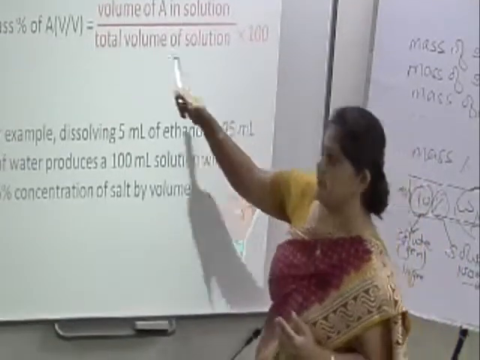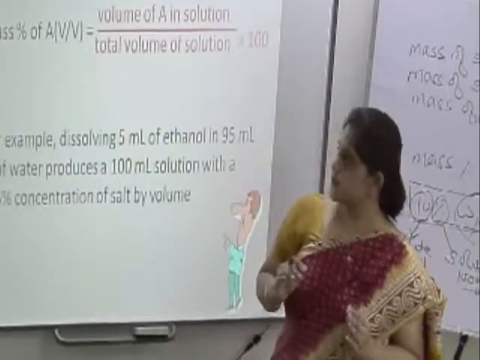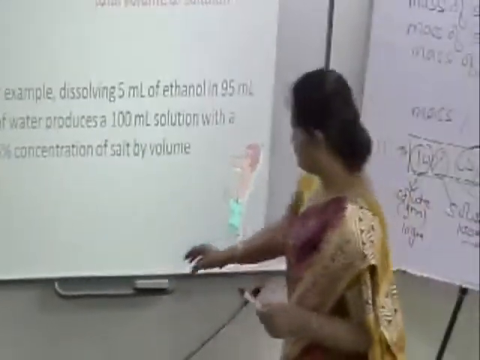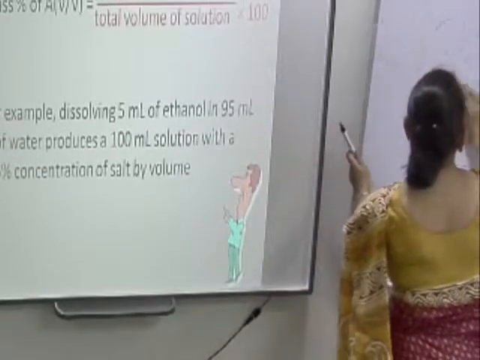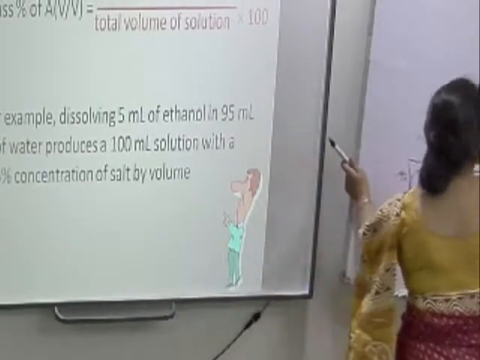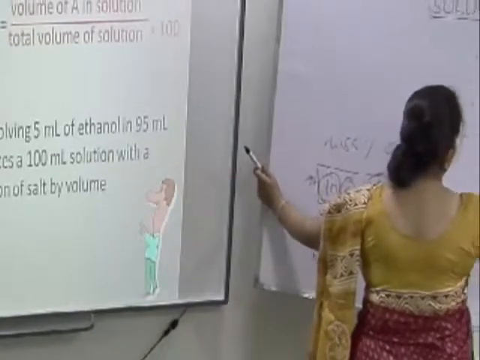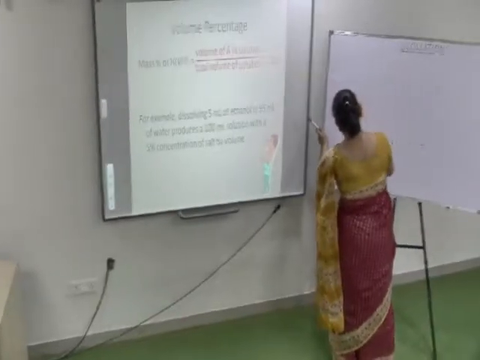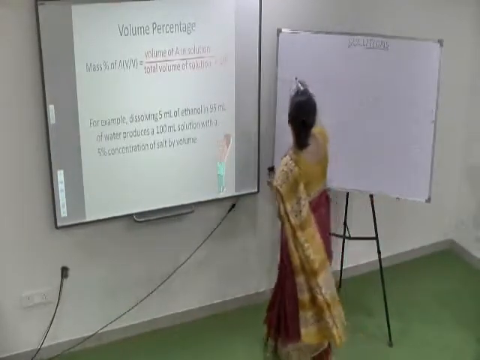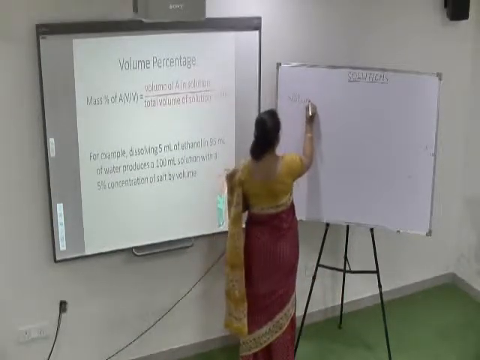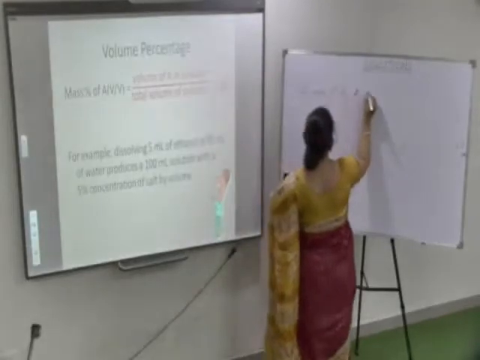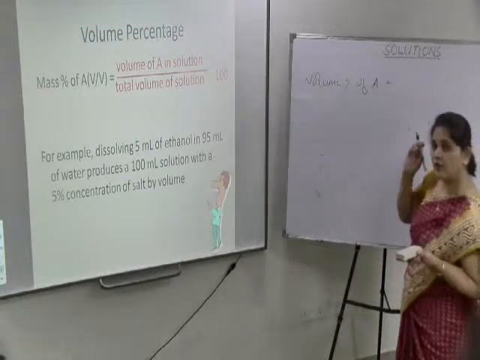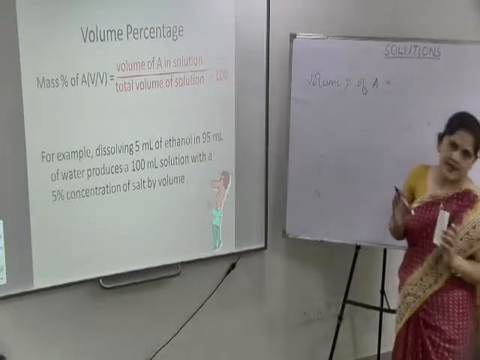So if we want to give the volume percentage of a component A, which is V by V, it is how many ml of the component A is present per 100 ml of the solution.